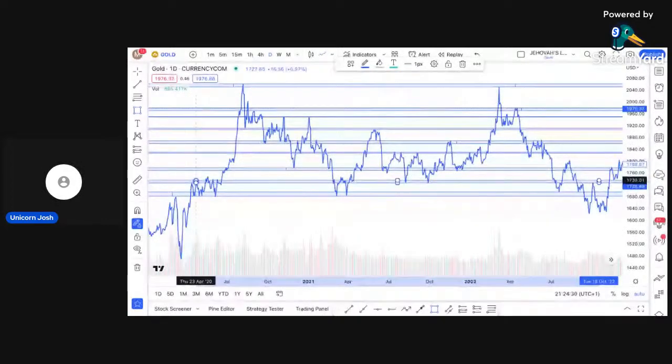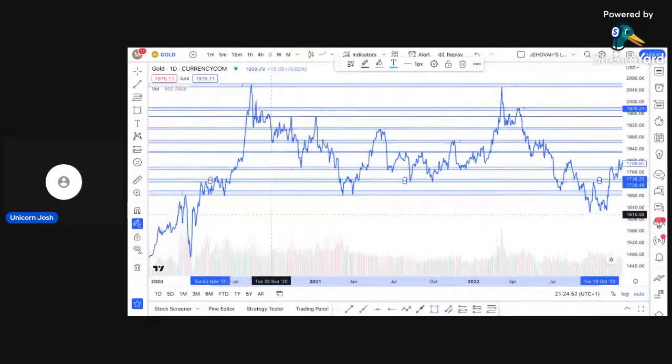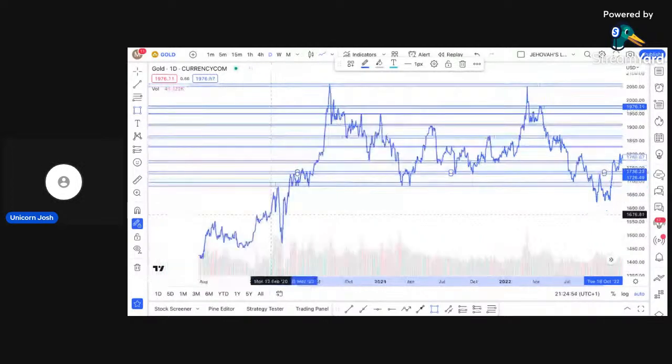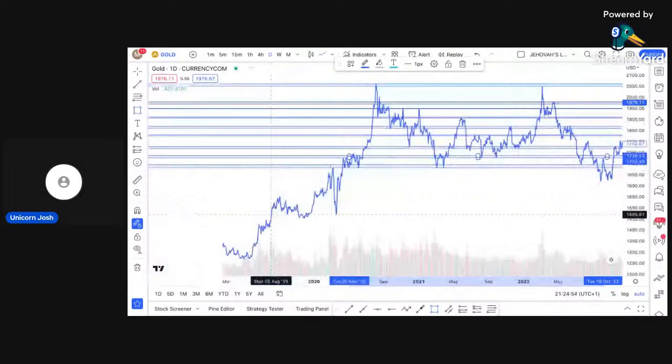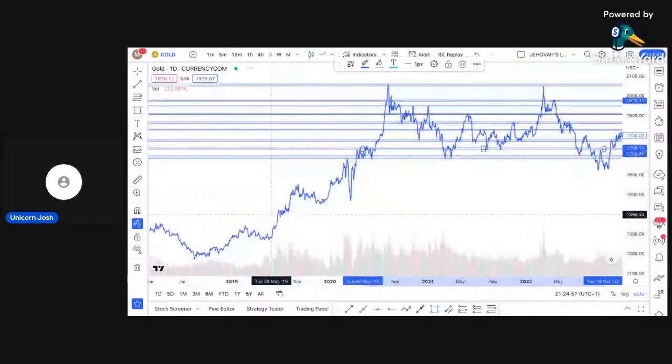The idea is that at least you are aware of the prevailing condition at that point in time, and you can respond as appropriate. That is the beauty of having these zones already marked out on your chart way before time.